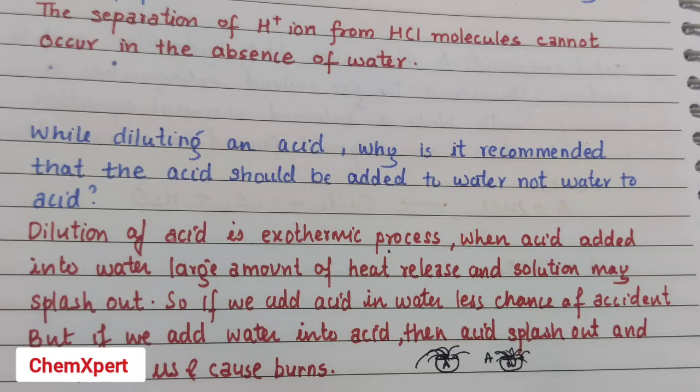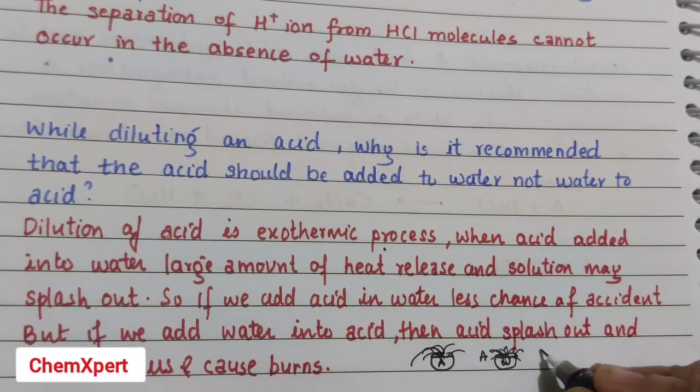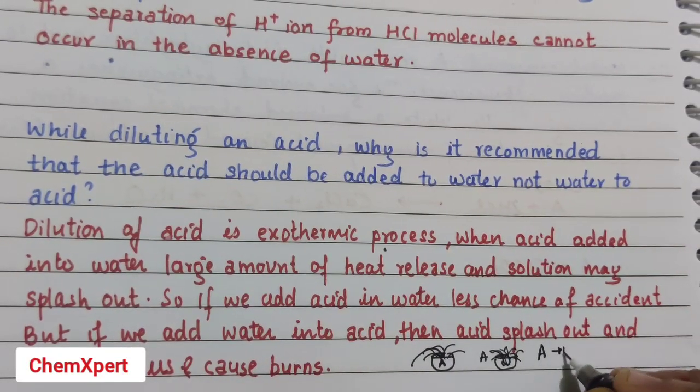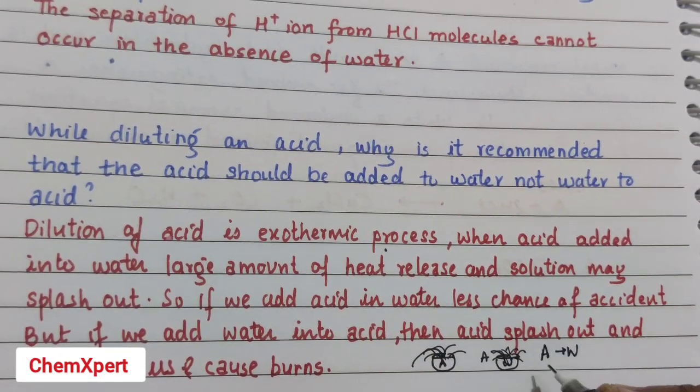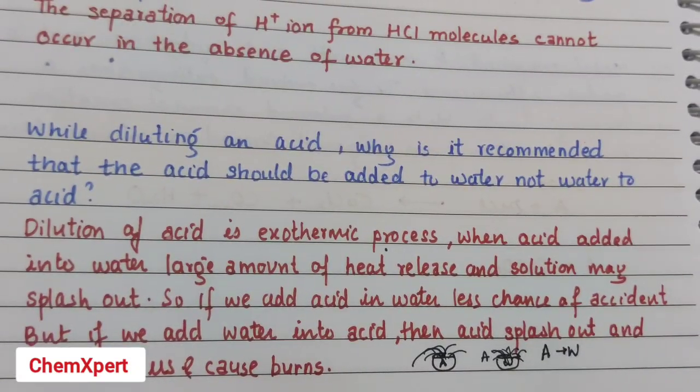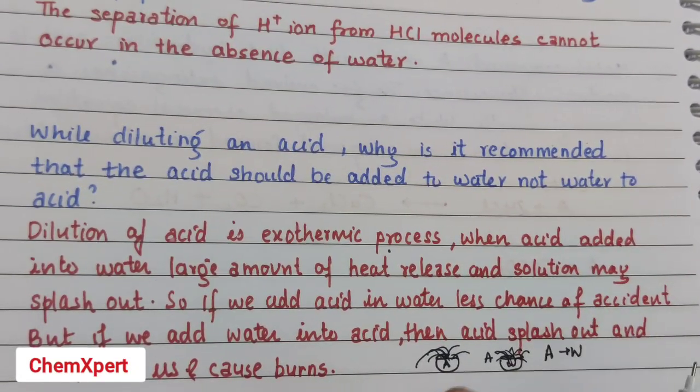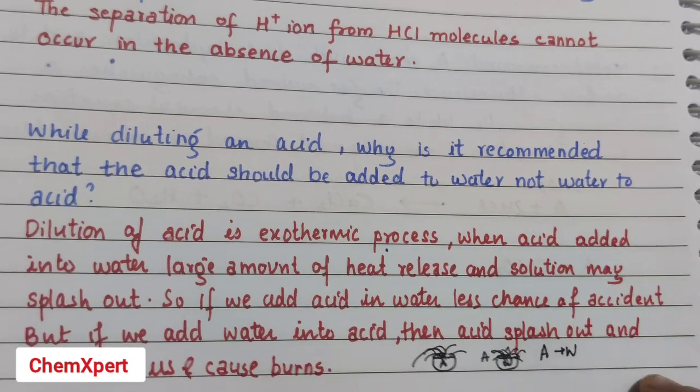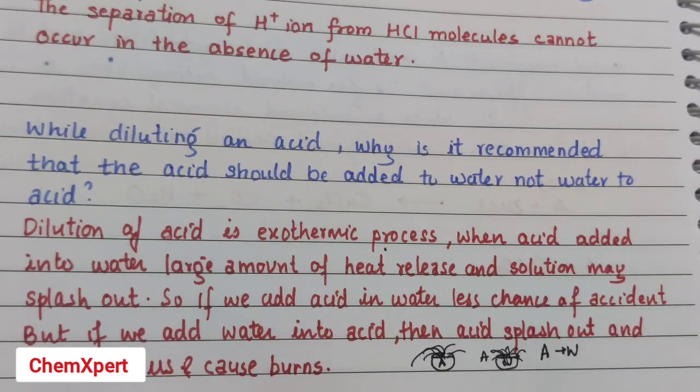So it is always advisable to add acid into water. So always follow alphabetical order: A is added into W, acid into water. It is just a small trick to remember this, to add acid into water to dilute an acid.